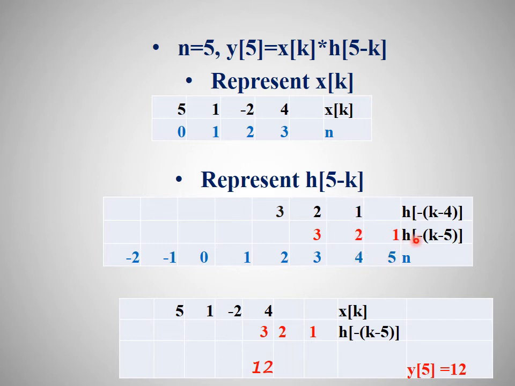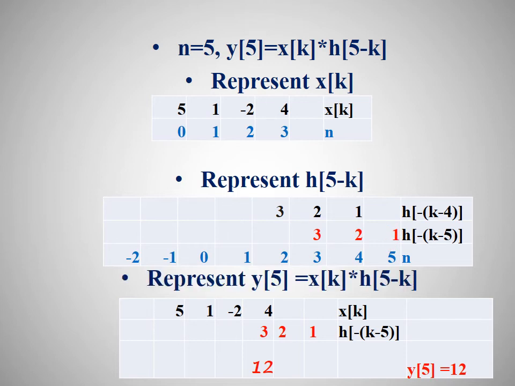So, for h of minus of k minus 5 it will again be shifted one position, so it will be 3 at 3, at 4 the value would be 2 and at 5 the value would be 1.